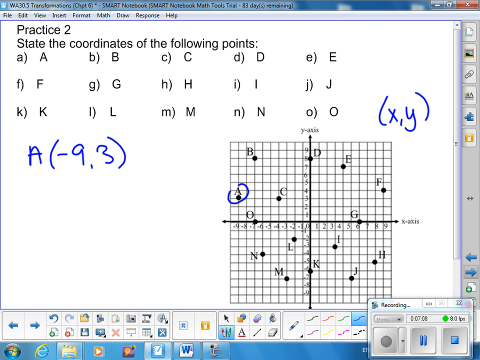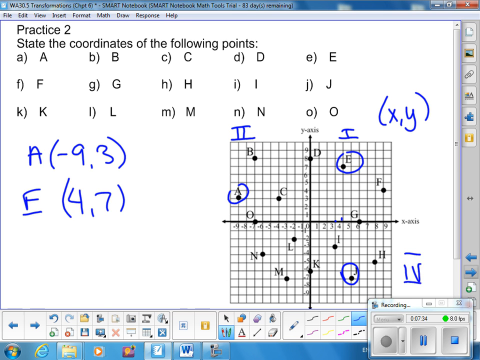Okay, E. E is here in the top right, quadrant 1. This one was in quadrant 2. 1, 2, 3, 4, positive 4, and up 7. And that was E. Let's try J. J is in quadrant 4.